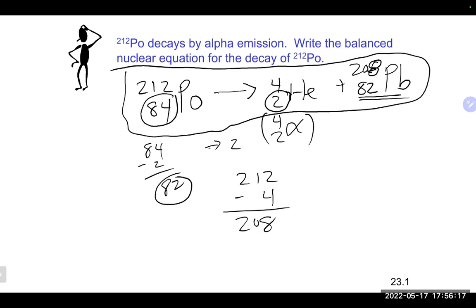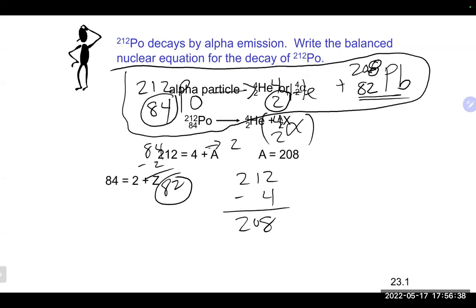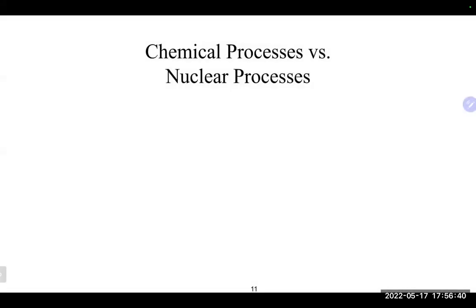On the right, 212. Left atomic number 84, and our atomic number on the right there 84 as well. Questions on that? So not too bad, a little bit of adding in a periodic table, and it should be good, hopefully. All right. Hopefully they agree. So they do, that's good.